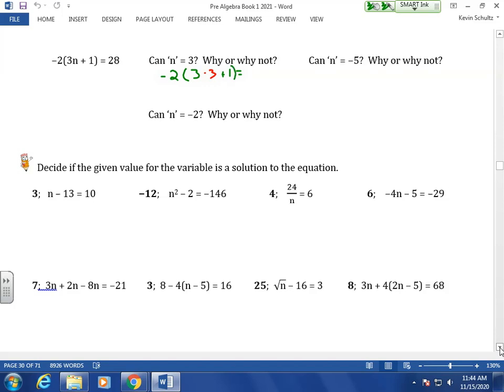Well, we have to do the parentheses first. So 3 times 3 is 9, plus 1 is 10. Then we multiply it by that negative 2 out in front. We get negative 20. Negative 20 is not equal to 28. Therefore, no, it does not work.